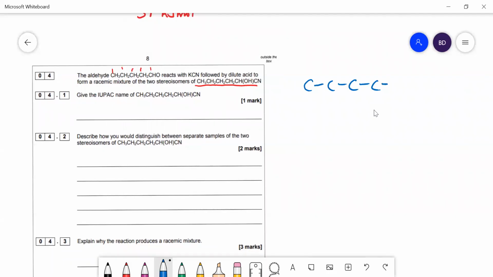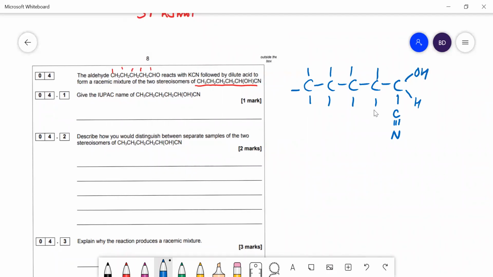It only takes a second. 1, 2, 3, 4, 5. That's an aldehyde. What's going to happen here is the cyanide is going to attack there, and so you're going to form the nitrile there, and you have an OH there.